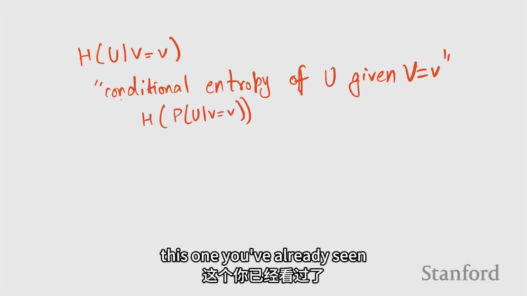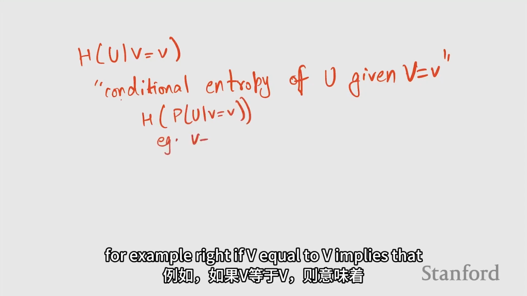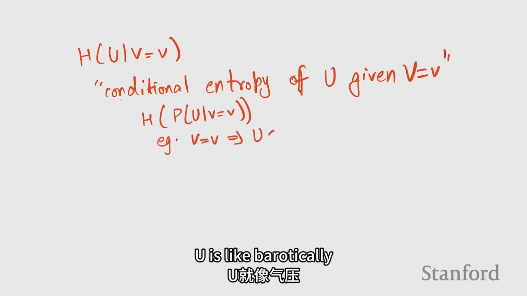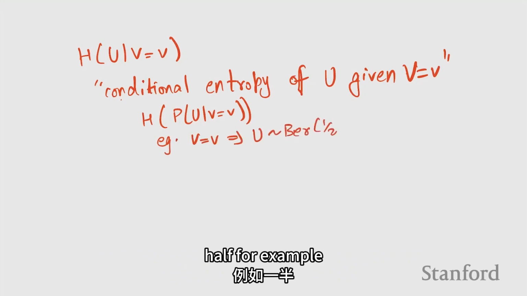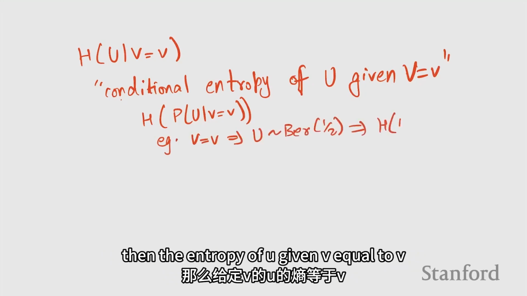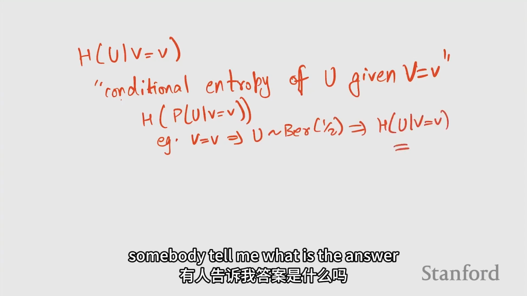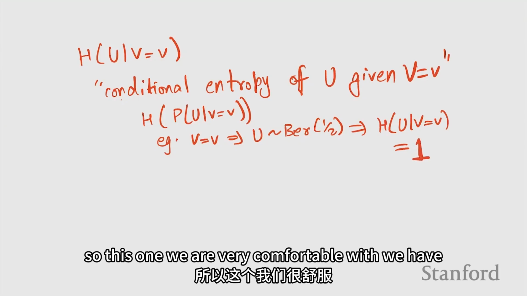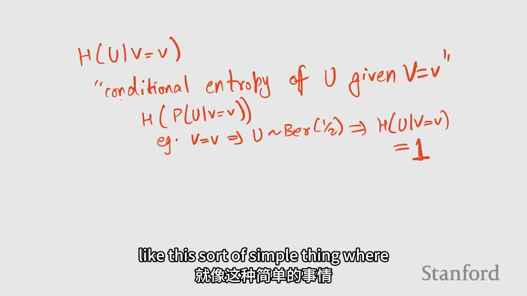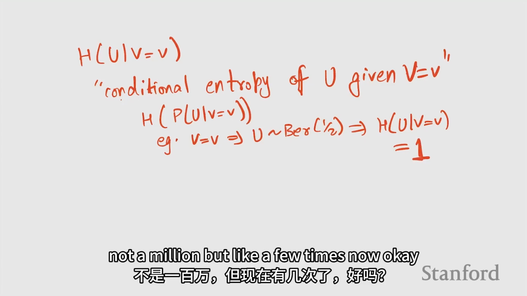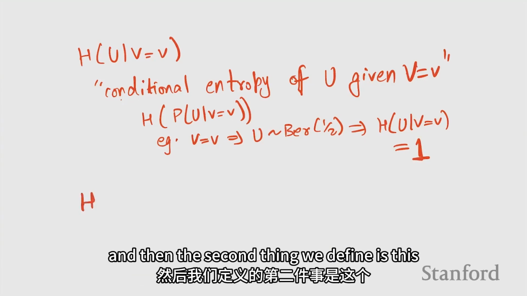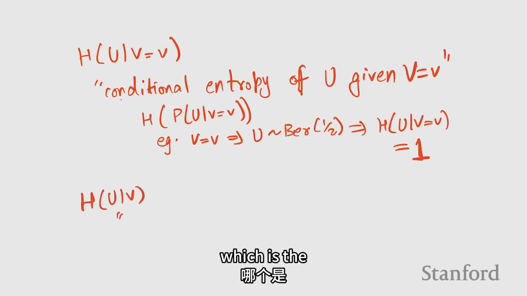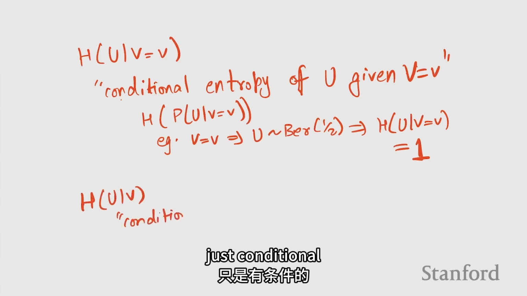So let's say, for example, V equal to v implies that U is Bernoulli half, then the entropy of U given V equal to v, somebody tell me what is the answer? What is the entropy of Bernoulli half? 1, right? We have seen this a few times now.